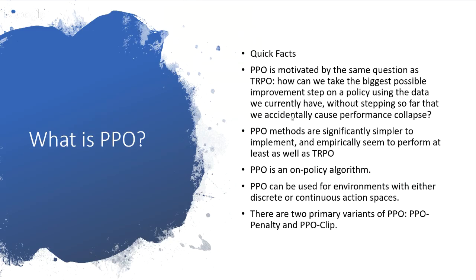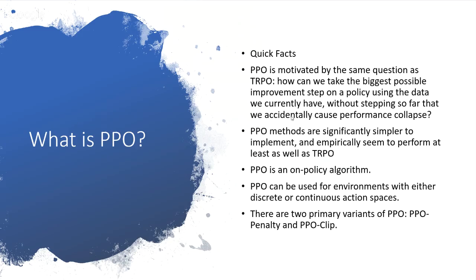So let's just go through some quick facts of what is PPO. PPO is motivated by the same question as TRPO. How can we take the biggest possible improvement step on a policy using data we currently have without stepping so far that we accidentally cause performance collapse? PPO methods are significantly simpler to implement and empirically seem to perform at least as well as TRPO.